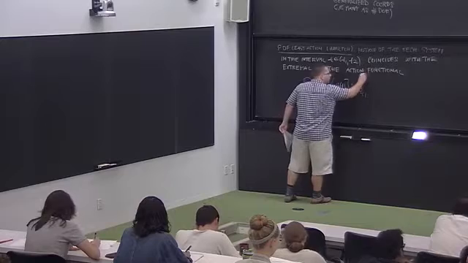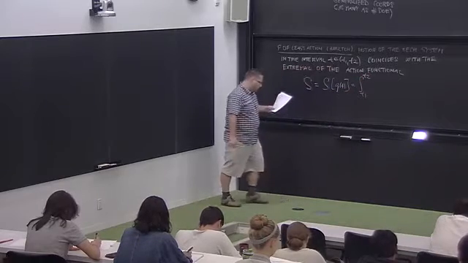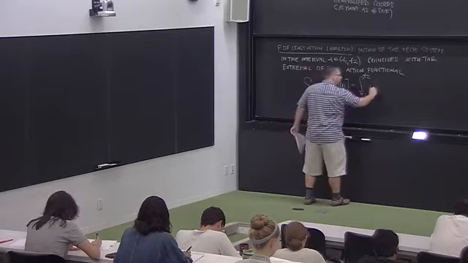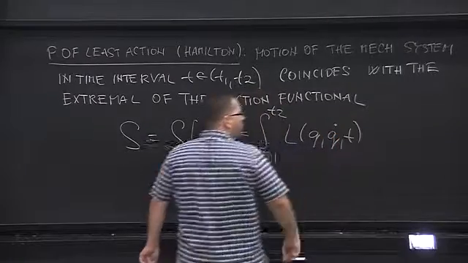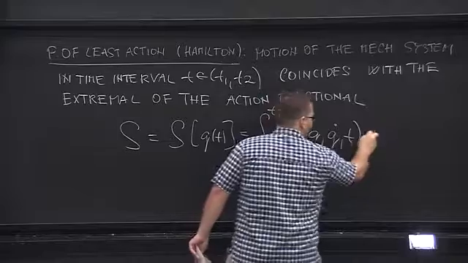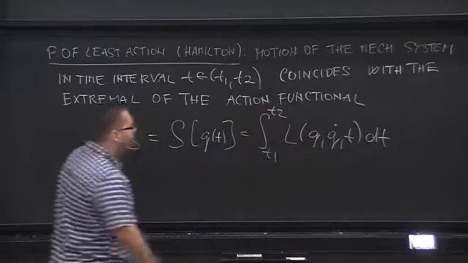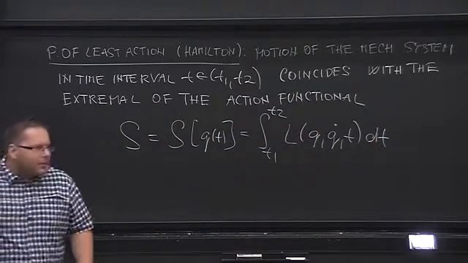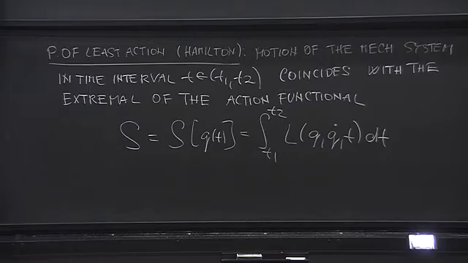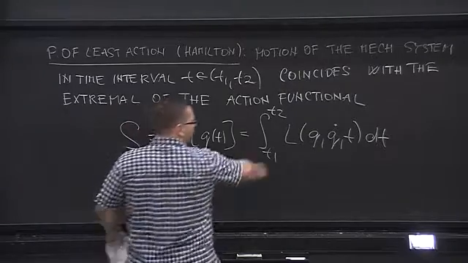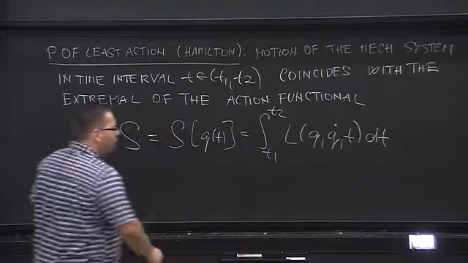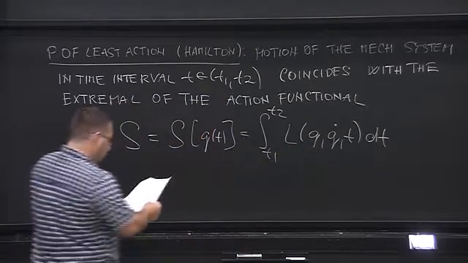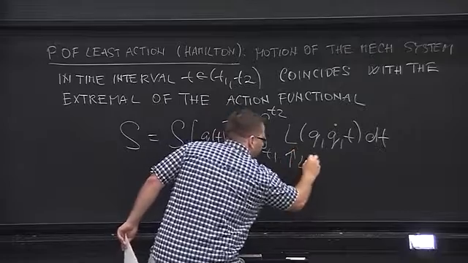It's given by the integral from t1 to t2 of the Lagrangian, which depends on q, q dot and t in principle, although in many cases t is not explicit. So the dependence of L on t is typically only through q and q dot. And this is called the Lagrangian.